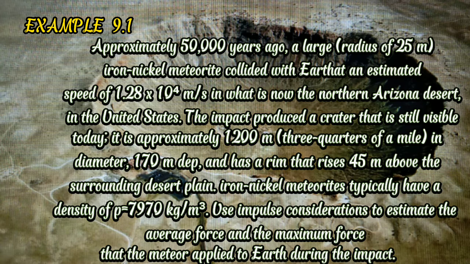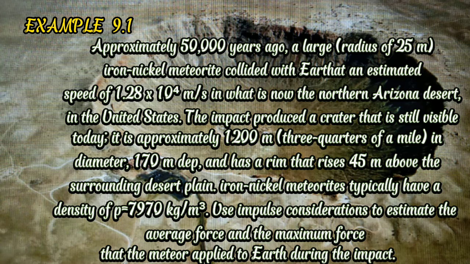The impact produced a crater that is still visible today. As shown in figure 9.7, it is approximately 1,200 meters or 3/4 of a mile in diameter, 170 meters deep, and has a rim that rises 45 meters above the surrounding desert plain.